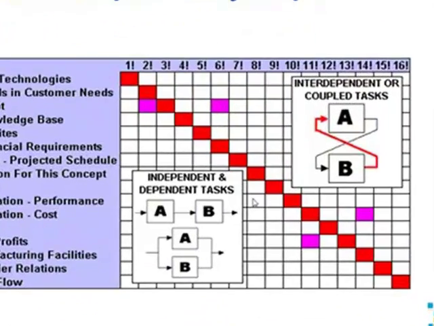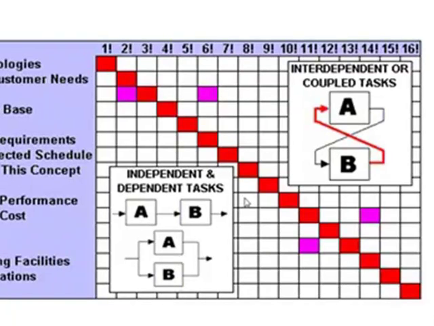Now below the diagonal are the independent and dependent tasks. These are the tasks that typically build the classic CPM. There are no real feedback cycles in a CPM, albeit we've figured out tricks for putting them in there, but intrinsically they're not there, and so you have just independent and dependent tasks. So the domain of a CPM lies under the diagonal.